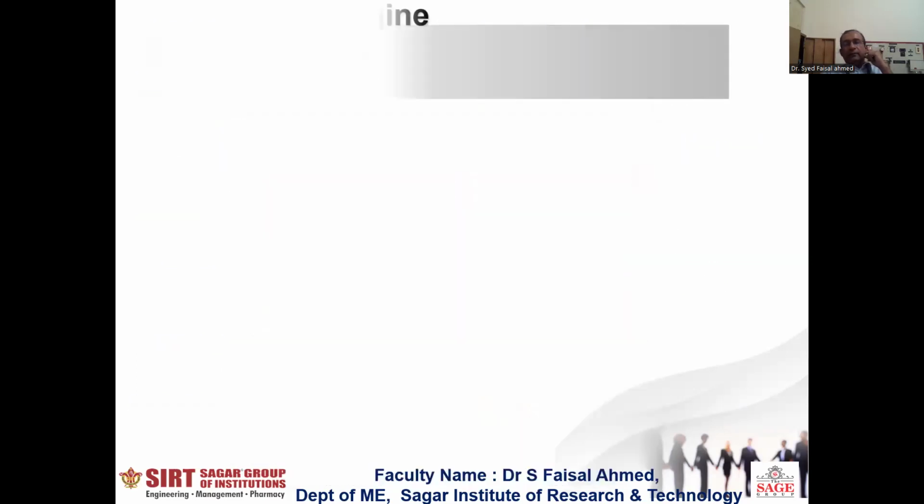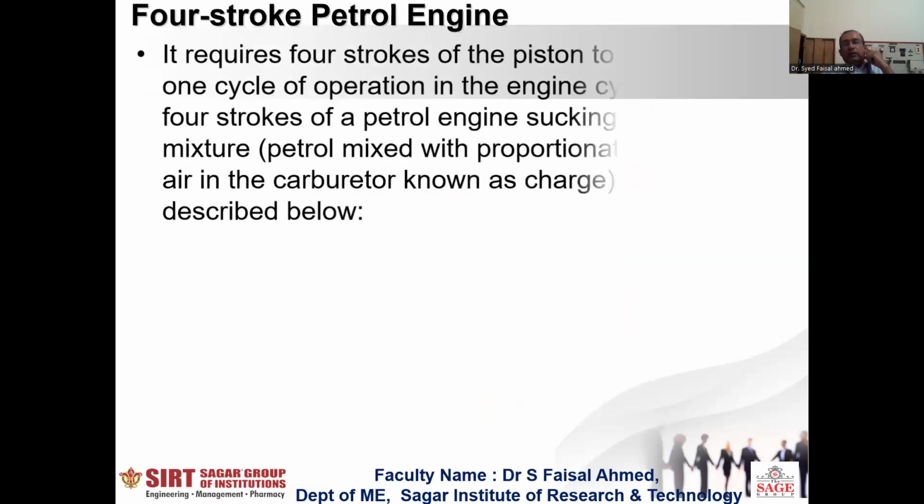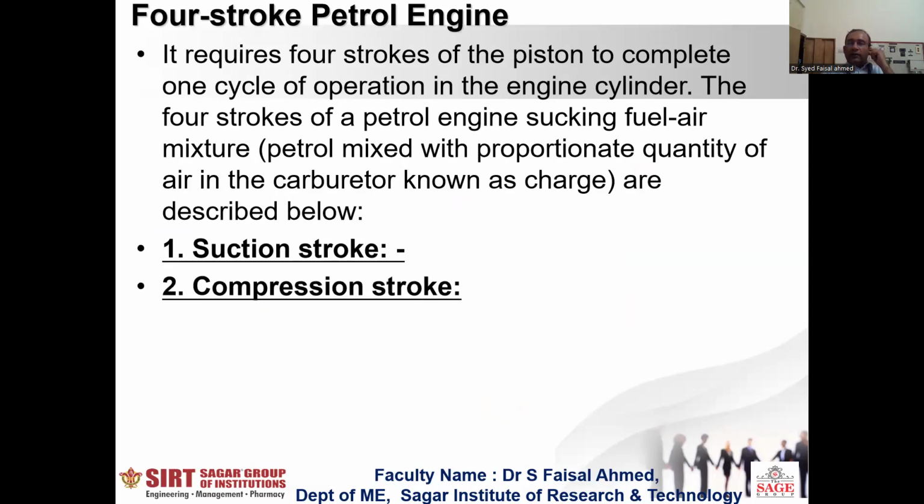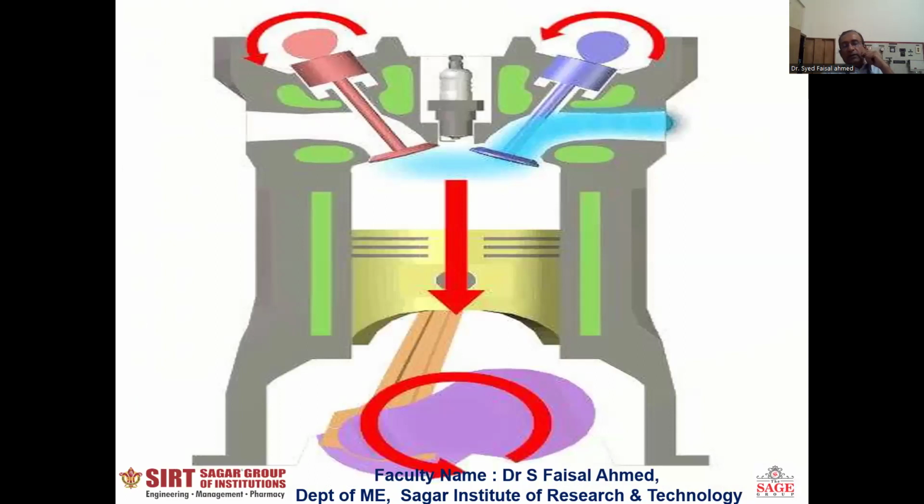The petrol four-stroke engine requires four strokes of a cycle. The petrol is mixed with a proportional quantity of air in the carburetor, known as the charge, and goes through suction, compression, expansion, and exhaust. It's the same in the diesel engine and petrol engine, as cycle operations are more or less the same.